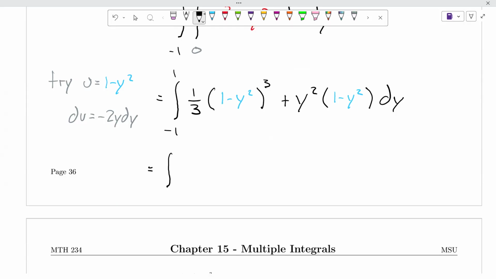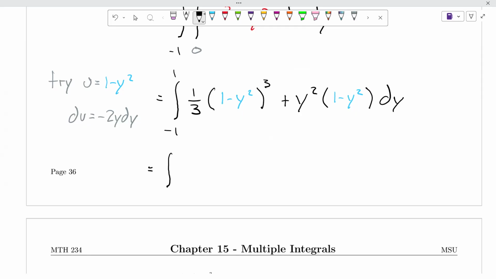But I don't really see a du showing up anywhere. None of my y's are linear. They're all at least quadratic, if not some higher power. So I probably just have to multiply it all out.